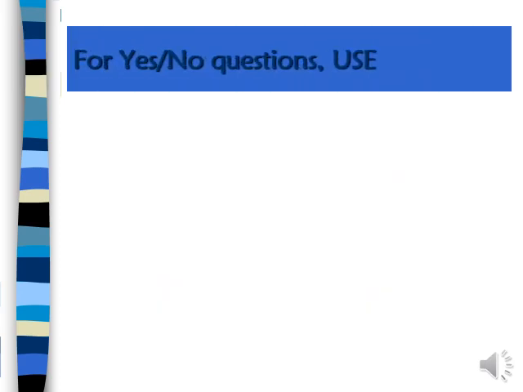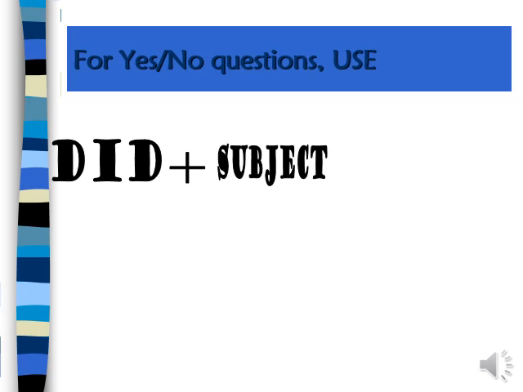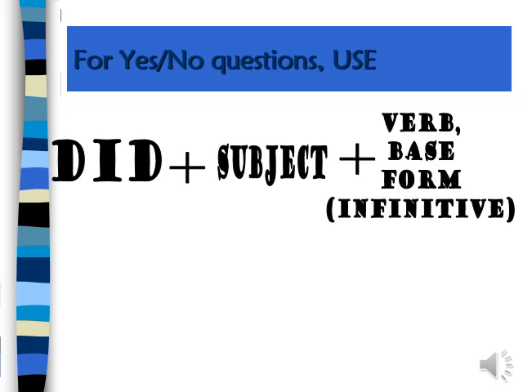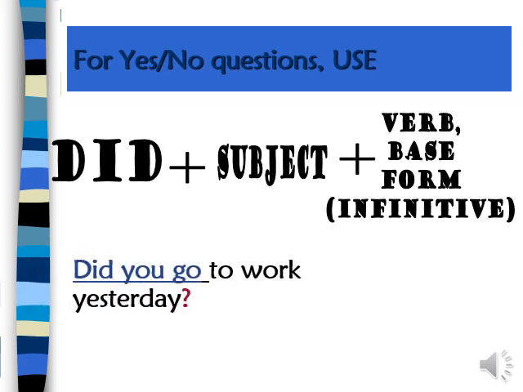For yes or no questions, we use did followed by the subject. The subject can be singular or plural. There is no difference. Plus the verb, base form, infinitive. For example, did you go to work yesterday?